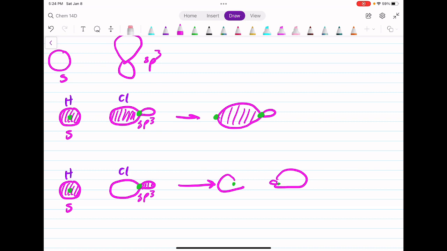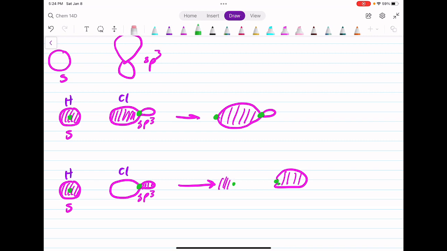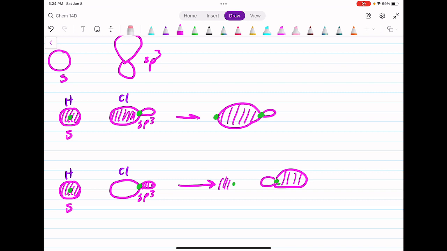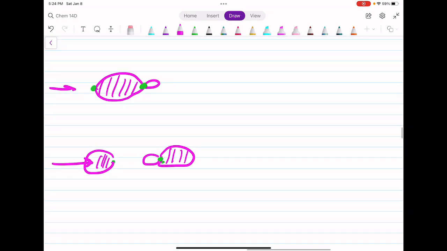Like that. Shaded here, shaded here. I have this sort of minor lobe down here, which is the minor lobe, just means that smaller one. So I get something like this. So I have my bonding orbital, my sigma bonding orbital, and then my sigma star anti-bonding orbital here.